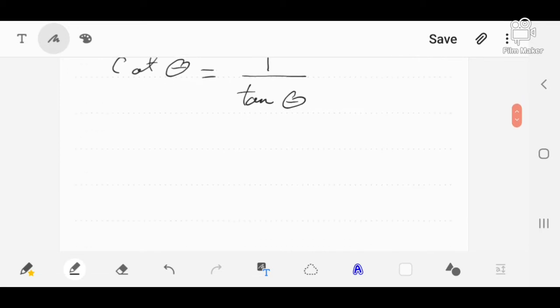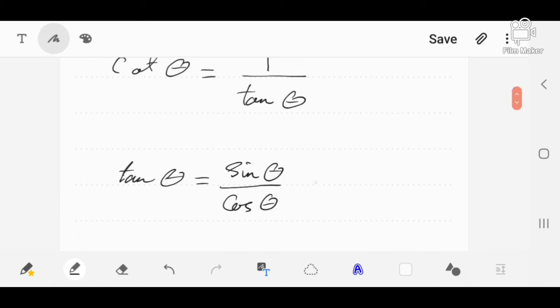And since tan is equal to opposite over adjacent, tan, as we said before, can also be written as sine theta over cosine theta. Same thing for cotan, which can be written as cosine theta over sine theta.